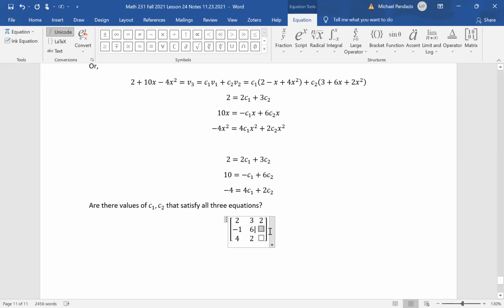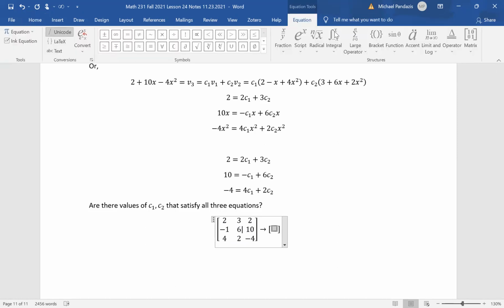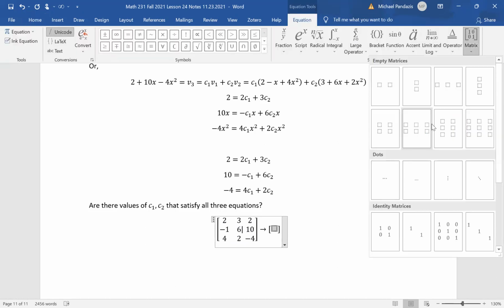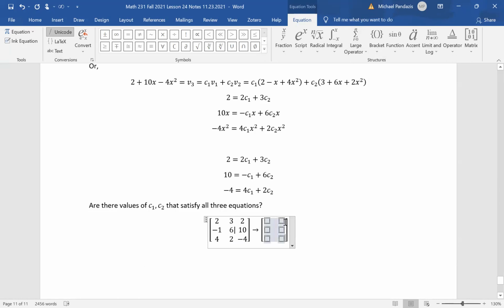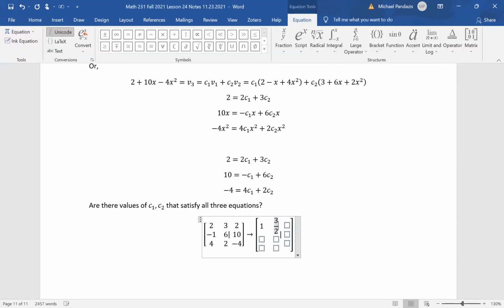Then here you have 2, 10, negative 4. And you get this to reduced echelon form. And the result, this again, and then copy. Okay, so now multiply this by half.